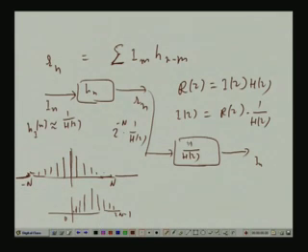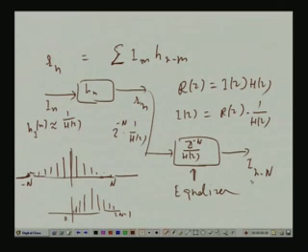So, I will construct a filter z to the power minus N by H z, and what I will get here is not I n, because z to the power minus N you can club with R n. So, R n is actually getting delayed by N cycles and passed through 1 by H z. So, what we will get here is not I n, but I small n minus capital N. This is called an equalizer, a linear equalizer, which equalizes the effect of the channel.